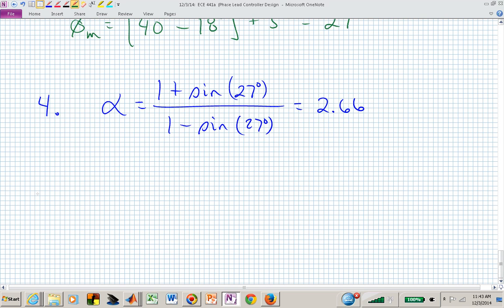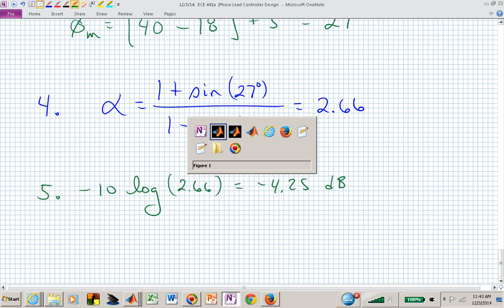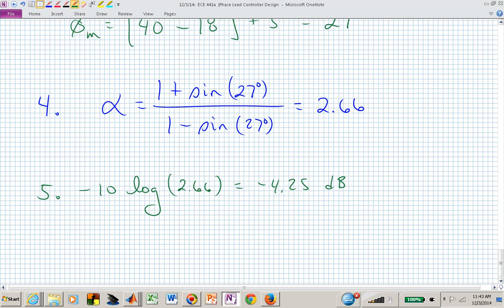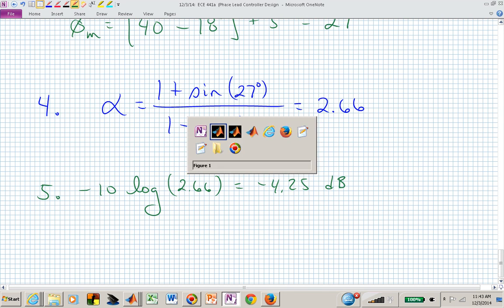Then step number 5 is to actually find on our magnitude graph the point where the magnitude curve equals minus 10 log of 2.66, in terms of what frequency that happens at. We are now looking on this curve for the frequency where our magnitude plot is minus 4.25 dB.